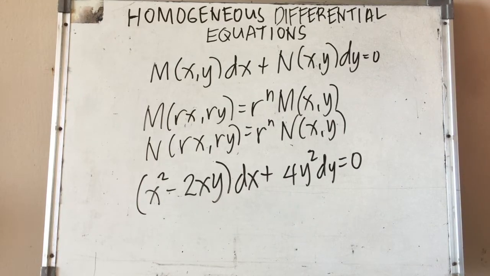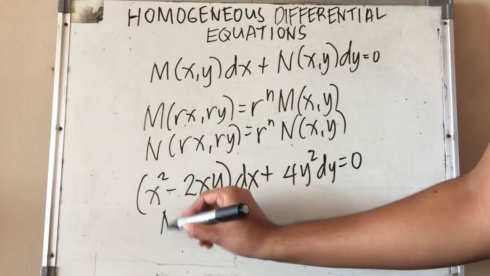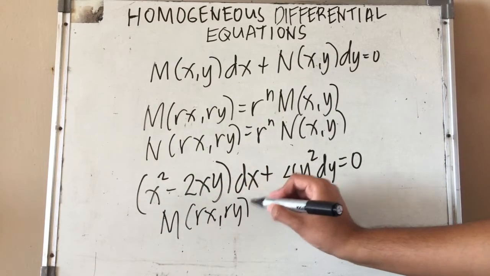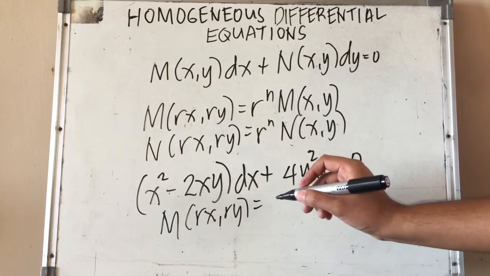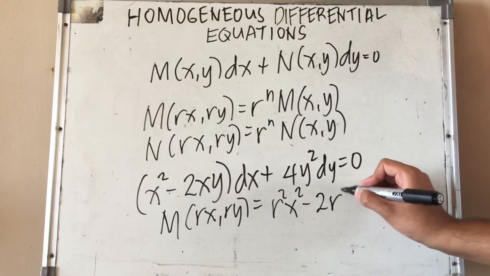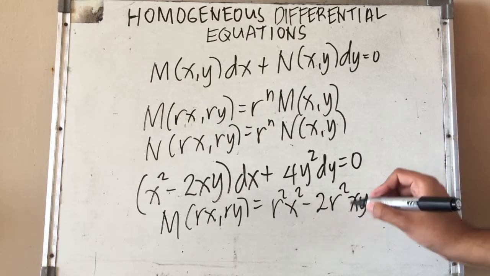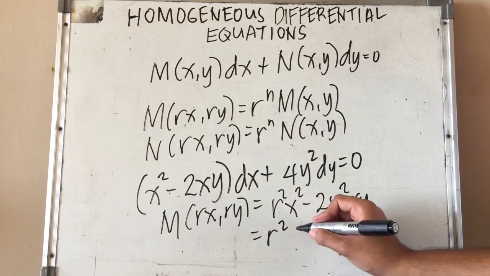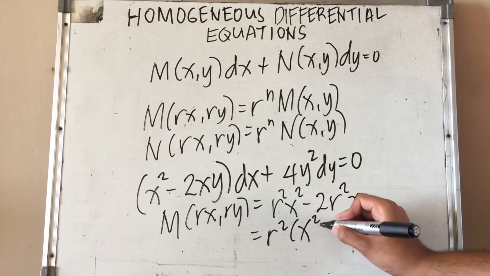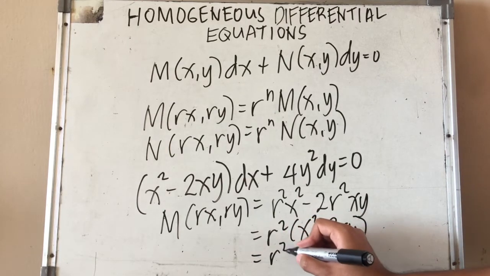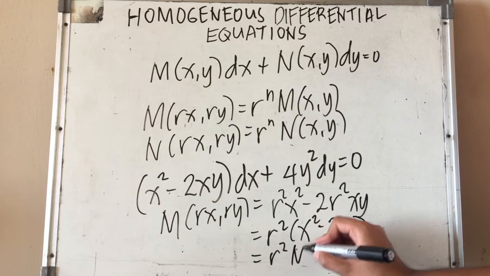So this is homogeneous of degree 2 since M(rx, ry) is equal to r squared x squared minus 2 r squared xy is equal to r squared quantity x squared minus 2xy. So therefore, this is equal to r squared M(x,y).